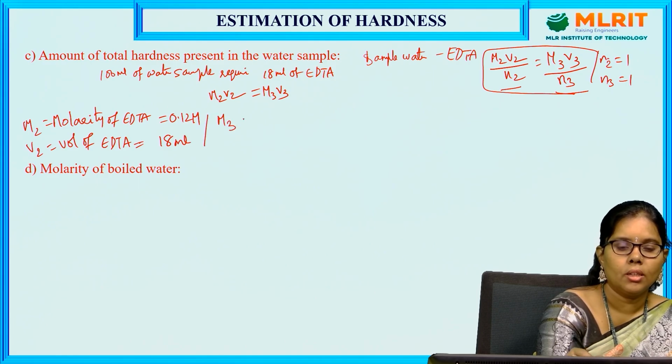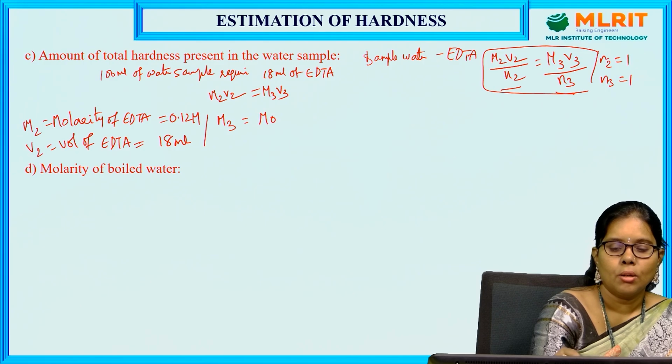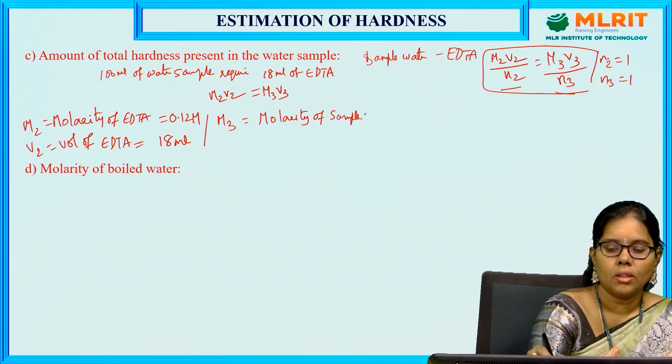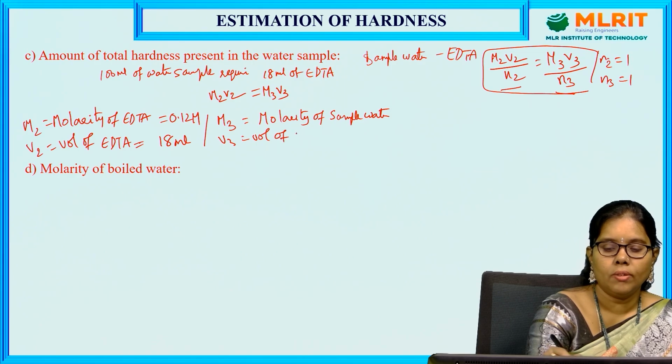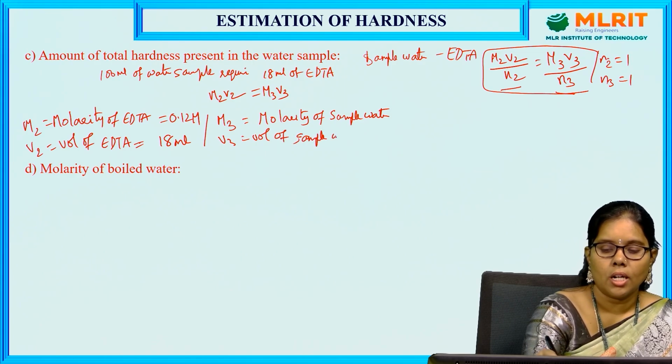M3, molarity of sample water, we have to find out. V3, volume of sample water, 100 ml we have taken.